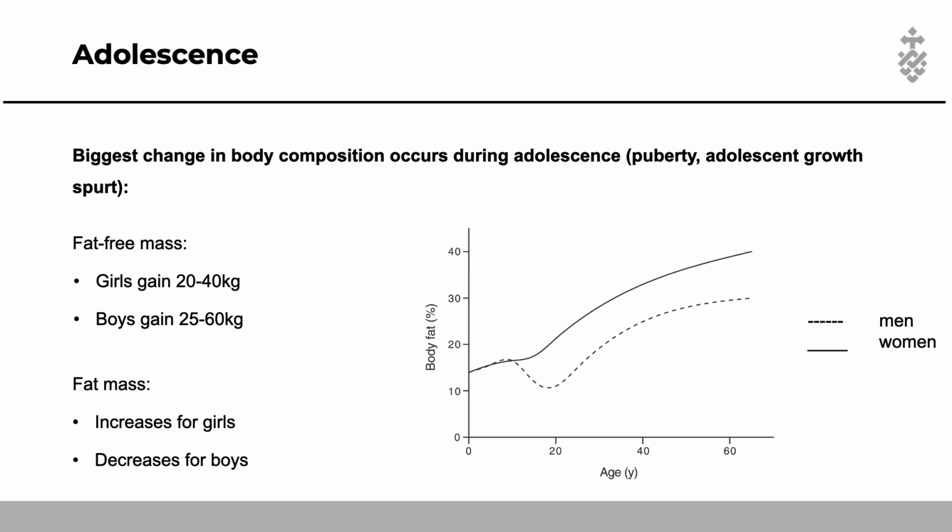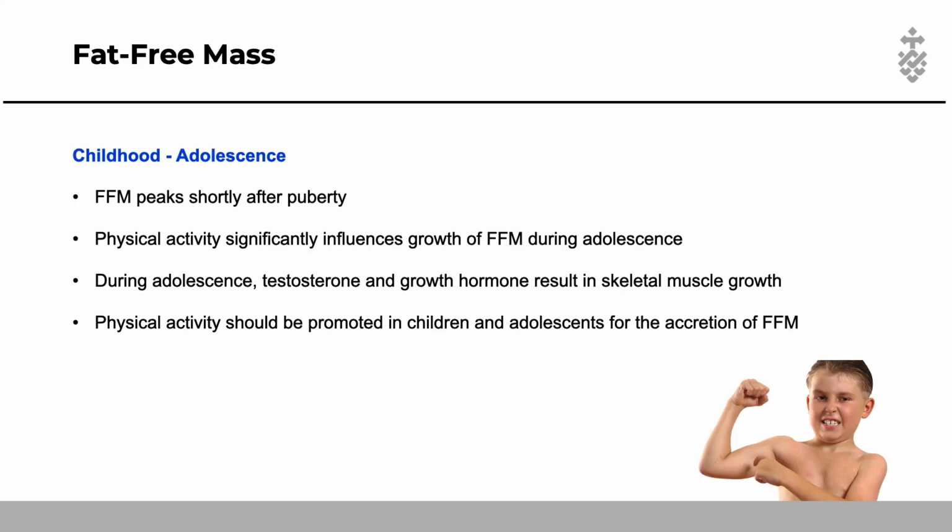So we're going to have a closer look at the changes in fat-free mass and fat mass across the lifespan now. So fat-free mass peaks shortly after puberty. In most cases, we reach this peak by the end of adolescence or the start of early adulthood.